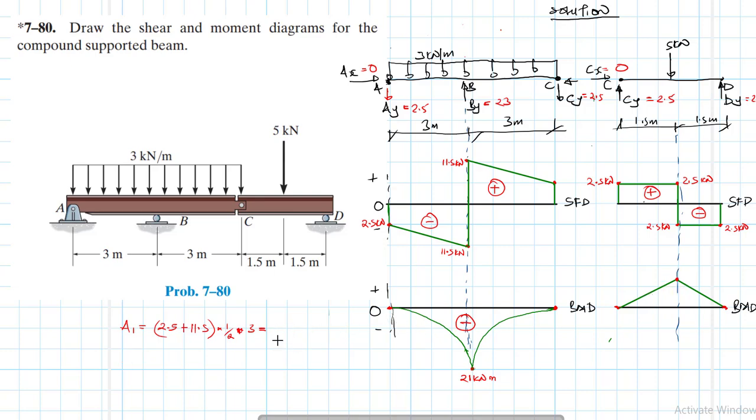So area is equal to 2.5 times 1.5, and then we find that this is equal to 3.75. Therefore, this one is 3.75 kilonewton meters, and this moment is positive.